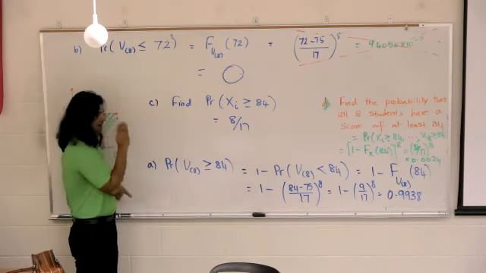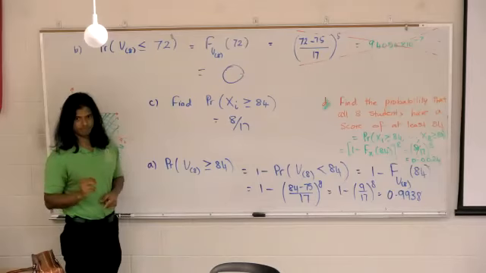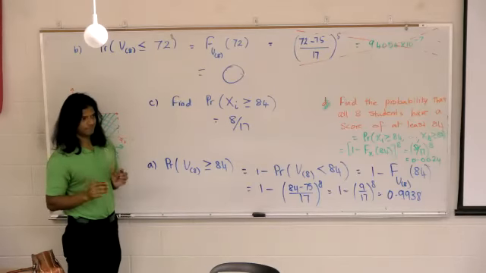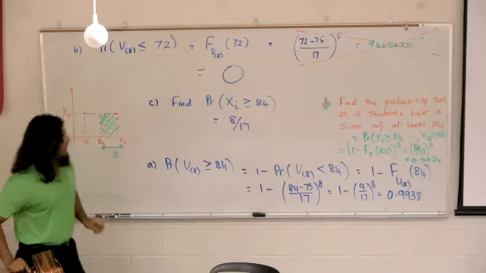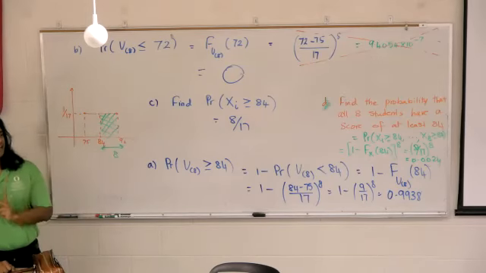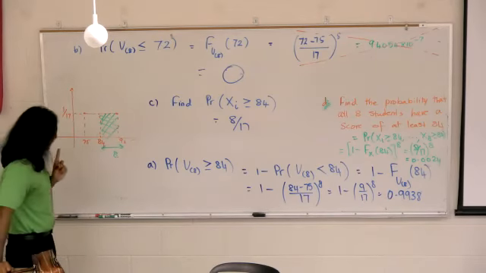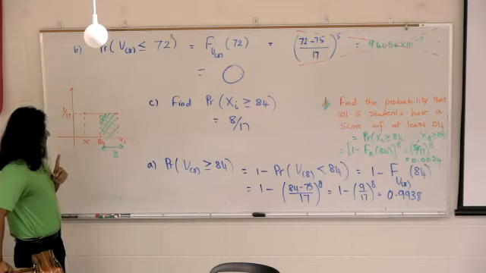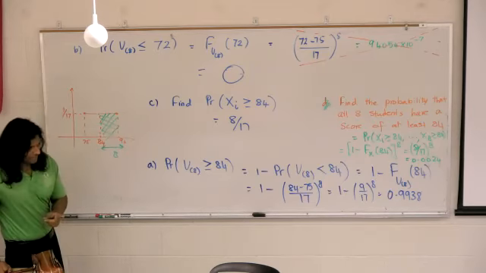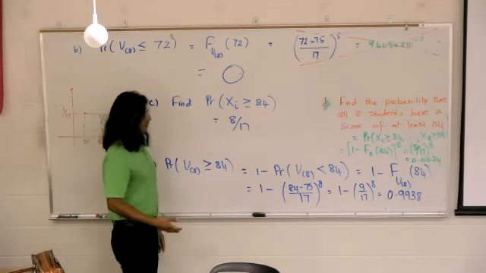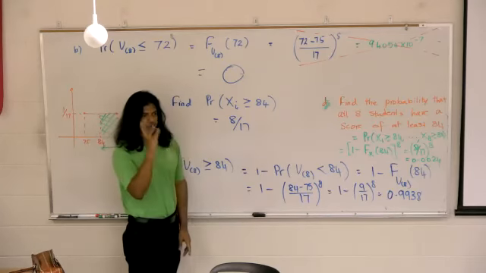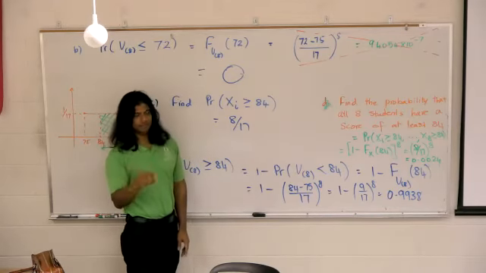If I say i is 8, yes, the 8th student would have a score of at least 84. Would that mean unordered, right? Exactly. When I say the 8th student, I'm not talking about an order statistic.